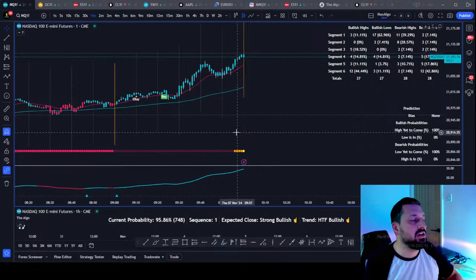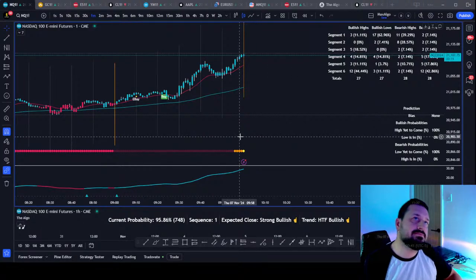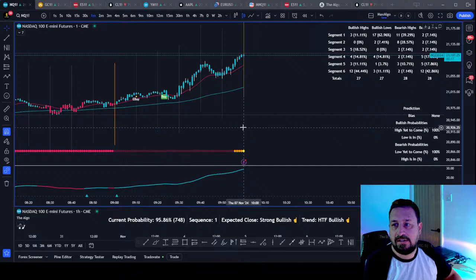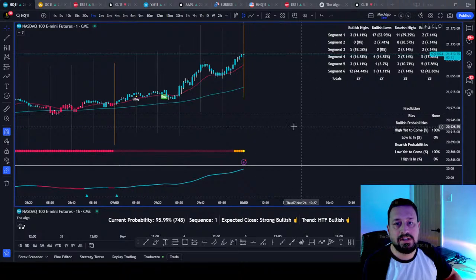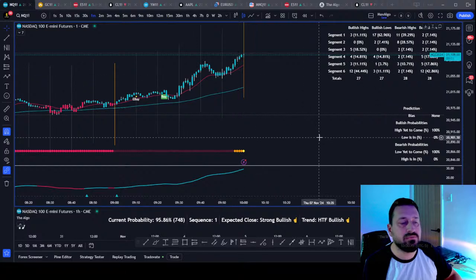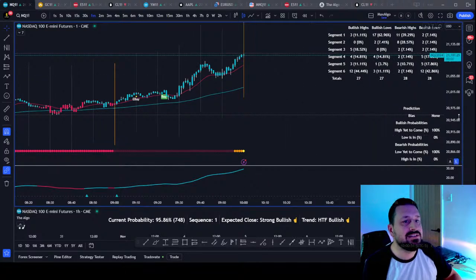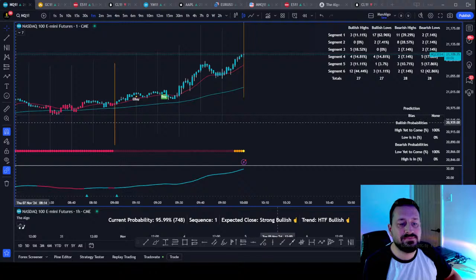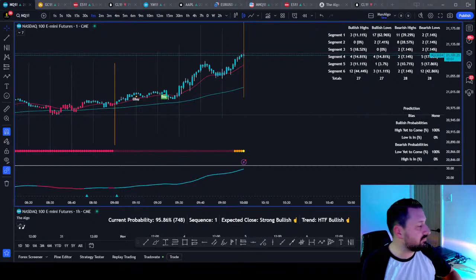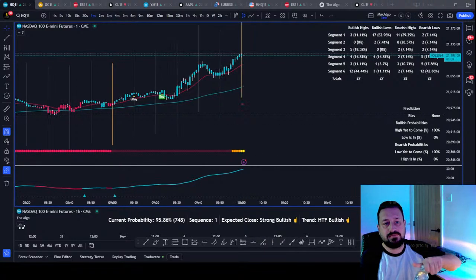It only just started transitioning. So obviously we want to see a little bit more confluence for this continuation. We've had a very, very large push up. We'll see.